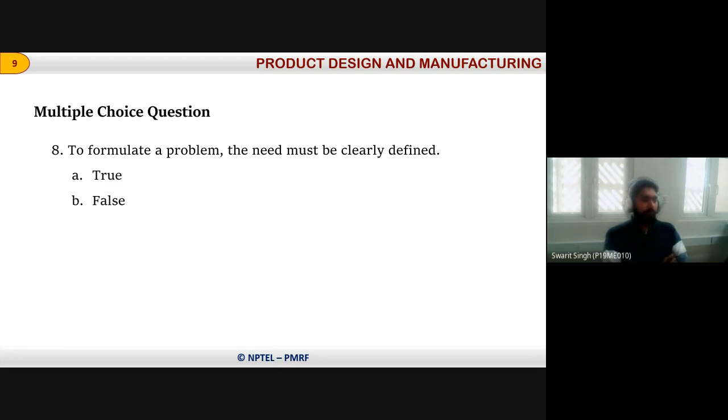In the very first stage, we clearly need to define the set of problems that we are going to solve, and what we expect from the product. If we are going to design any product, the requirement needs to be formulated first. So to formulate a problem, yes, the need must be clearly defined. It is a true statement.